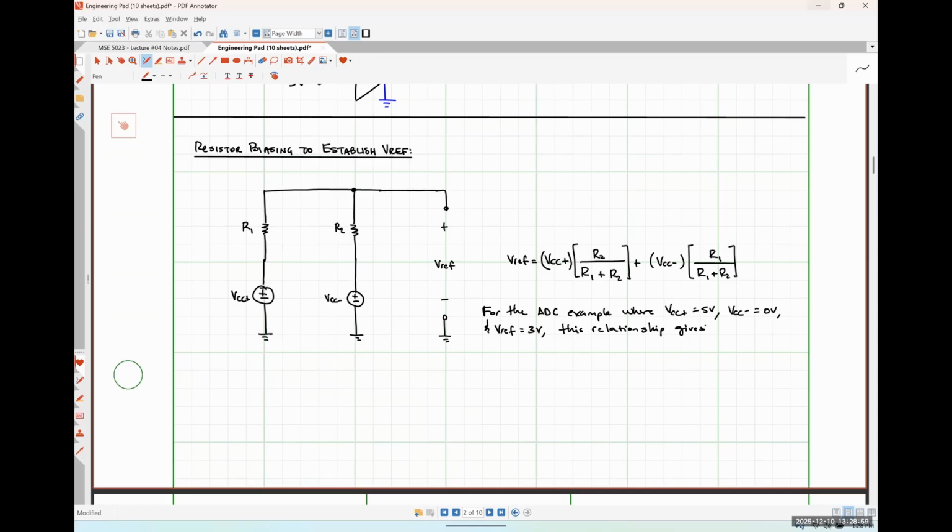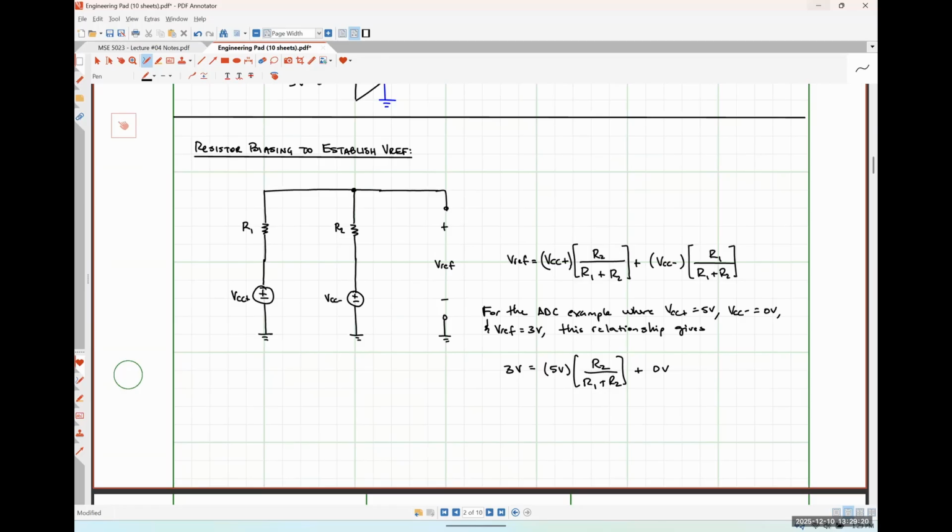This relationship gives us, so our reference voltage was 3 volts, it will be equal to VCC plus of 5 volts times R2 over R1 plus R2 plus 0 volts times, it doesn't matter, right?